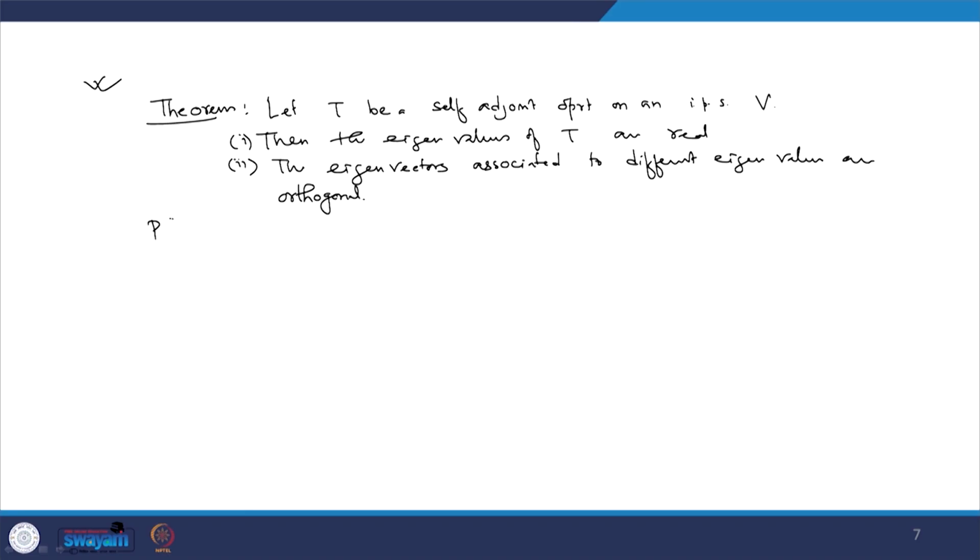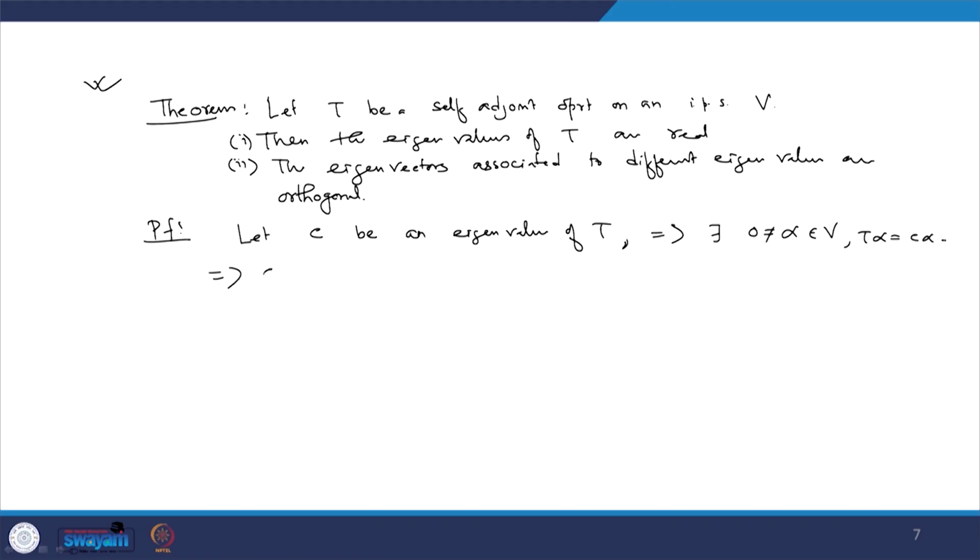Let me prove these results. Let C be an eigenvalue of T. So, this implies there exists alpha not equal to 0 belonging to V, T alpha equal to C alpha.